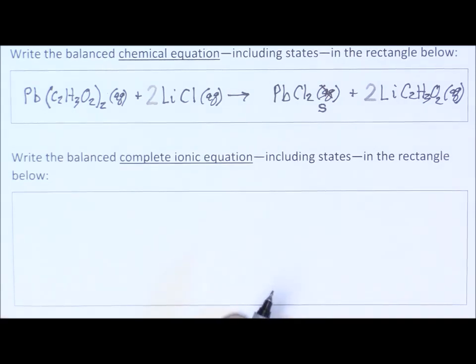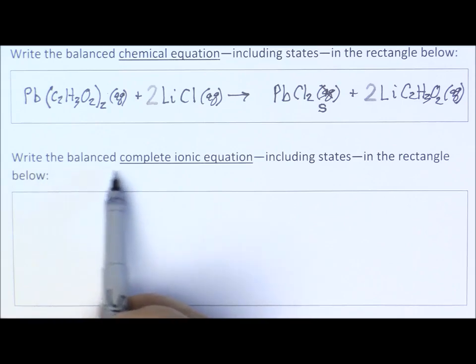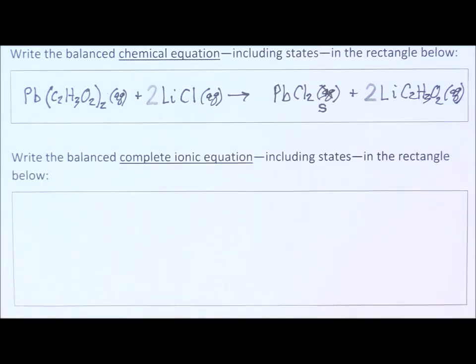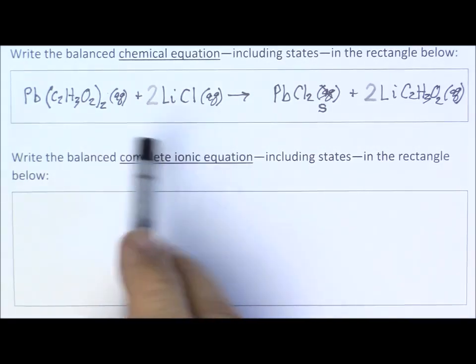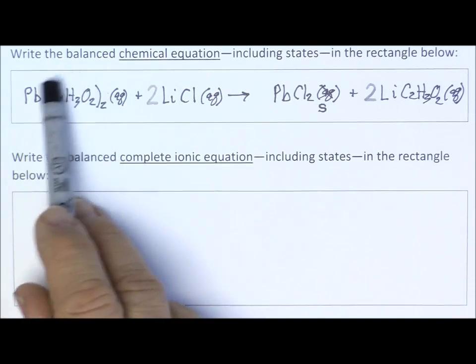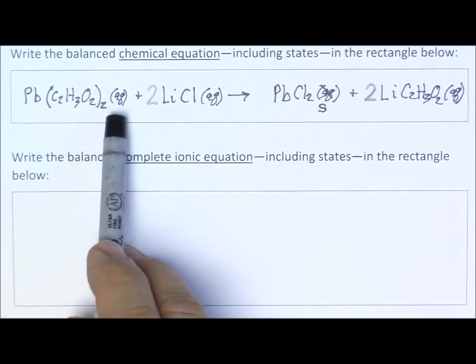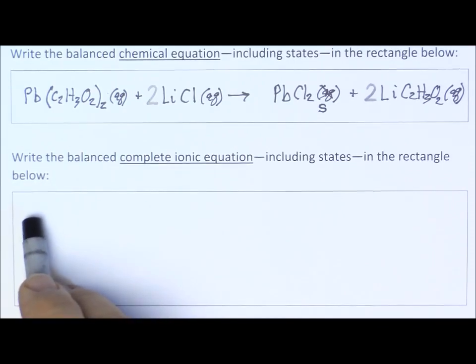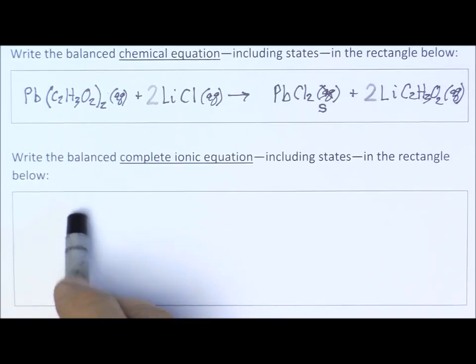So we're now asked to write the balanced complete ionic equation including states in the rectangle below. The trick for writing a complete ionic equation is to take every one of our compounds that has AQ after it and rewrite it here, but only in a form that shows it dissociated into its ions.